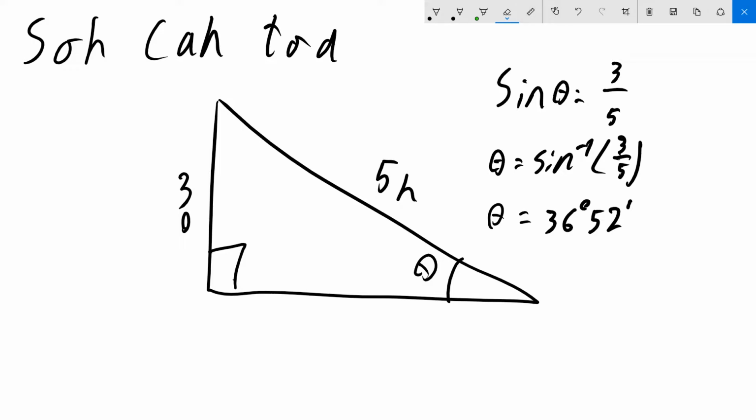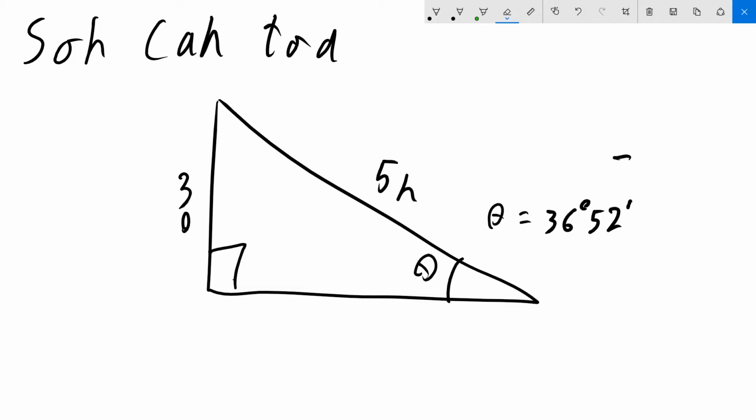So now that we know what theta is, and we've confirmed it with 3 different trig ratios, what if our angle moved? Let's say we want this angle here. This is our new theta. We'll have to relabel our triangle. So there we go.